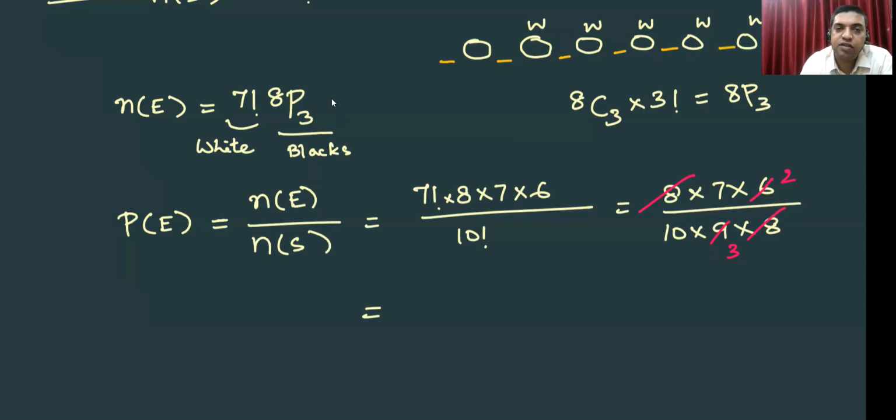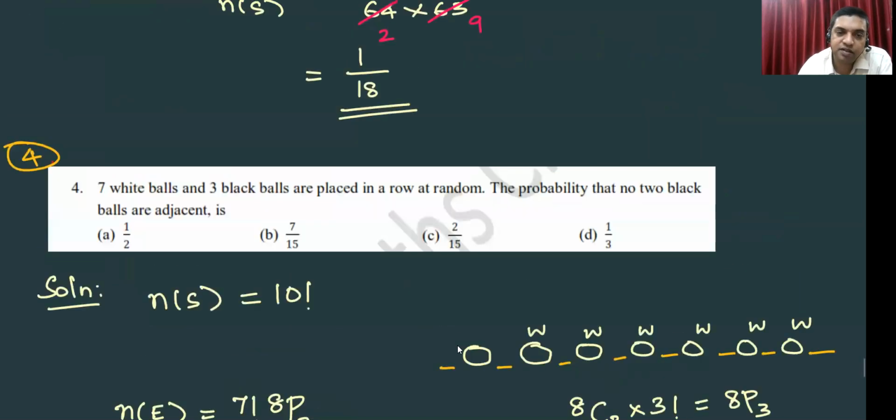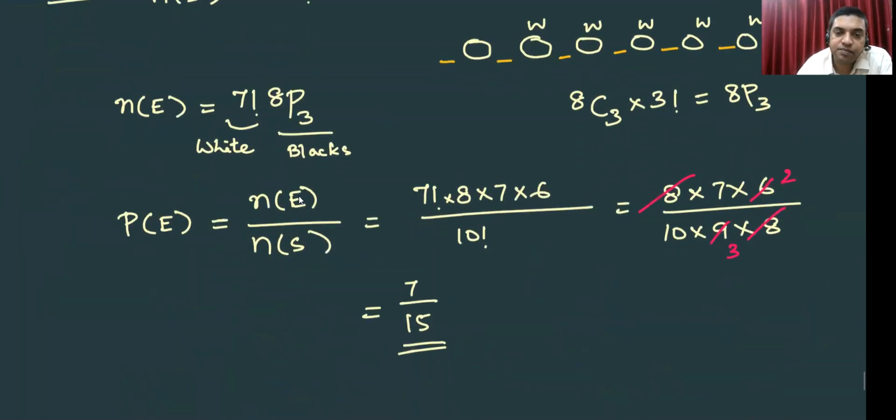So 14 upon 30, the 2 5s are 10. So you will get 7 upon 15. That's the answer, 7 upon 15. Got it?